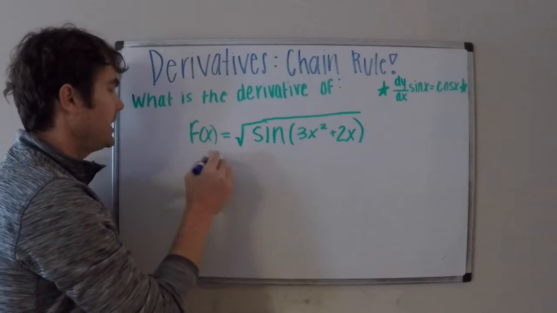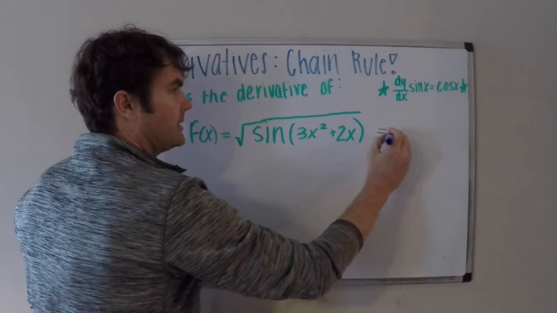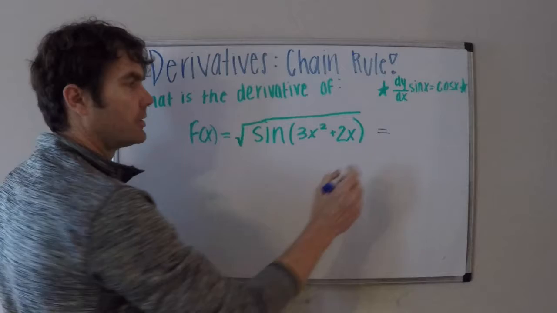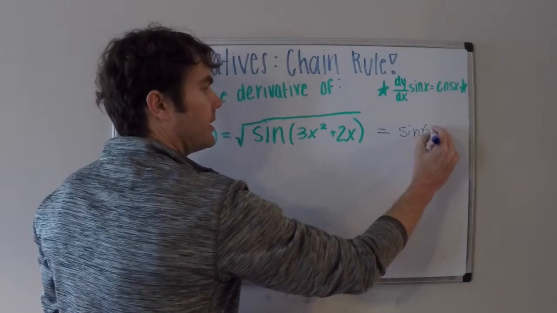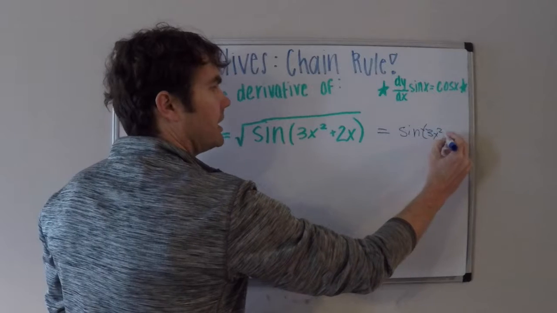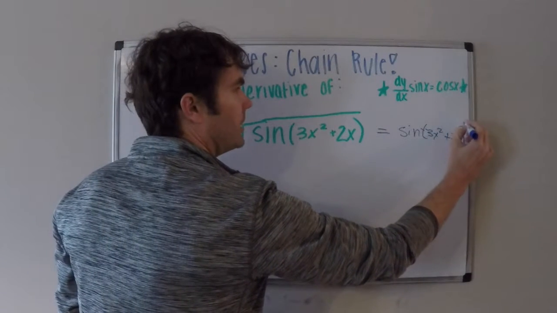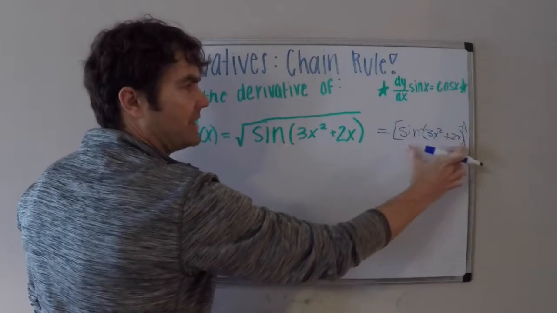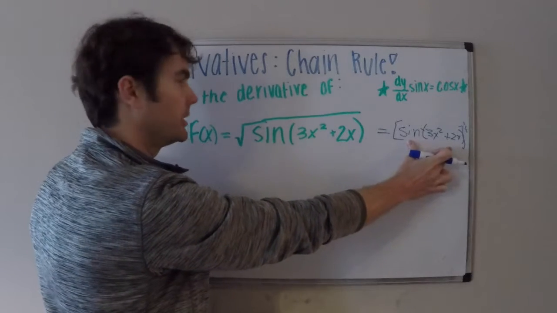If I'm taking the derivative of this, the first thing I'm going to remember, and this applies to anything, is that a square root is just an exponent of 1/2. So I'm going to rewrite this as sine of (3x squared plus 2x) all to the 1/2. That's an easier way to see what we're going to do.